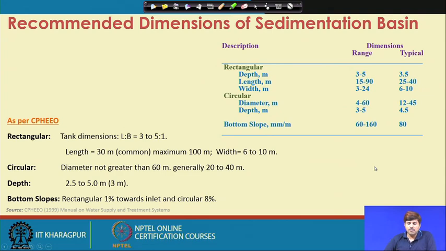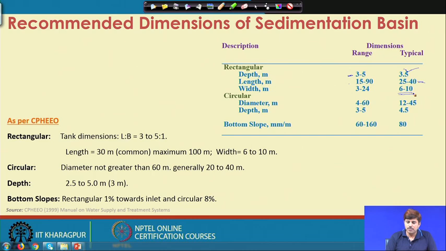The dimensions of the tank are also guided, in that we can have certain ranges. For rectangular tanks, the depth should be between 3 to 5, with 3.5 the typical value used. Length should be 15 to as high as 90, but 25 to 40 meters is typically used, and similarly 6 to 10 is the typical range for the width.